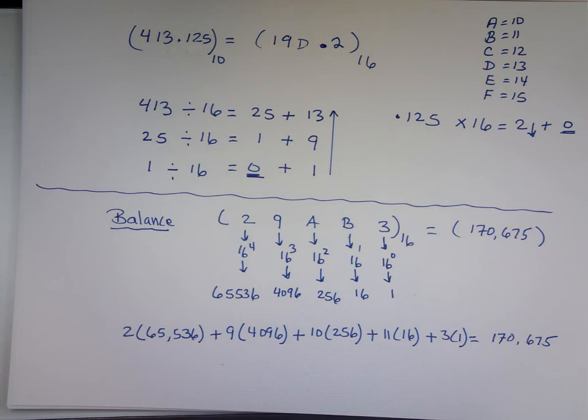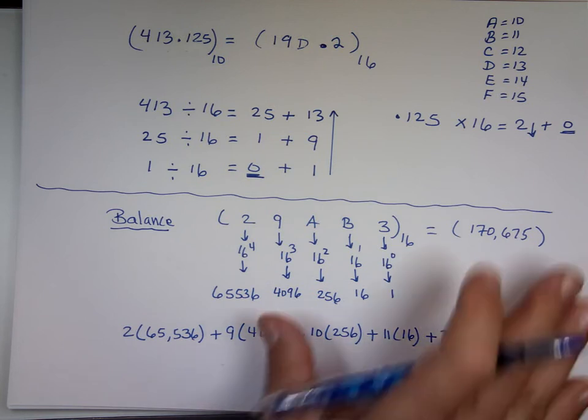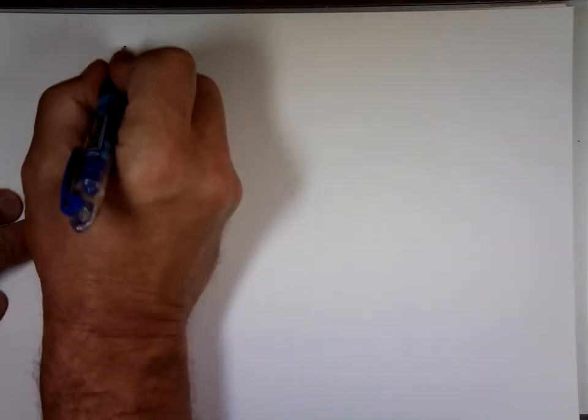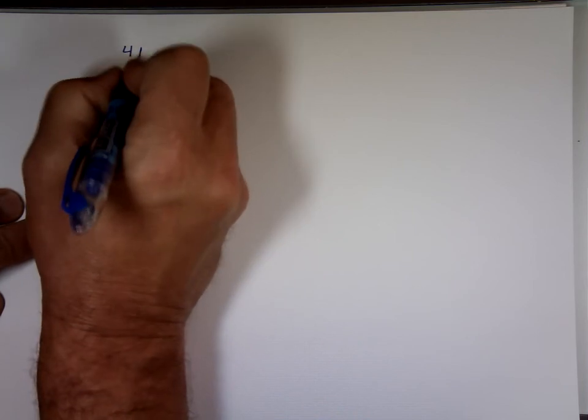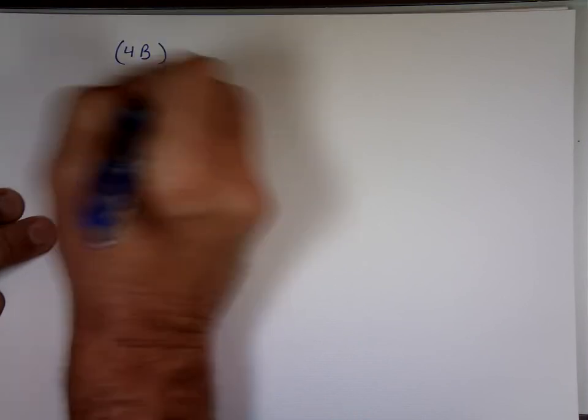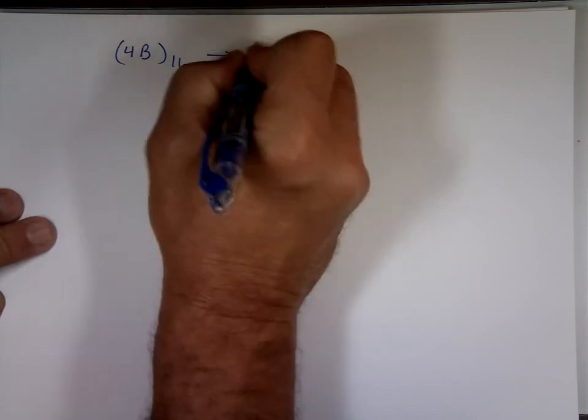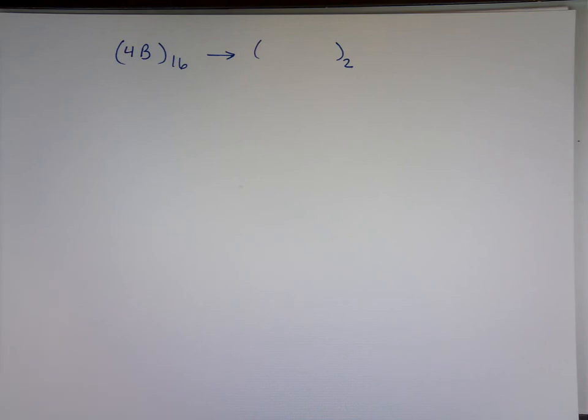If I want to go from base 16 to base 2, looks like I've got a problem. Base 16 to base 2, or base 8. I'll make it a smaller one. Do you not just divide by 8?